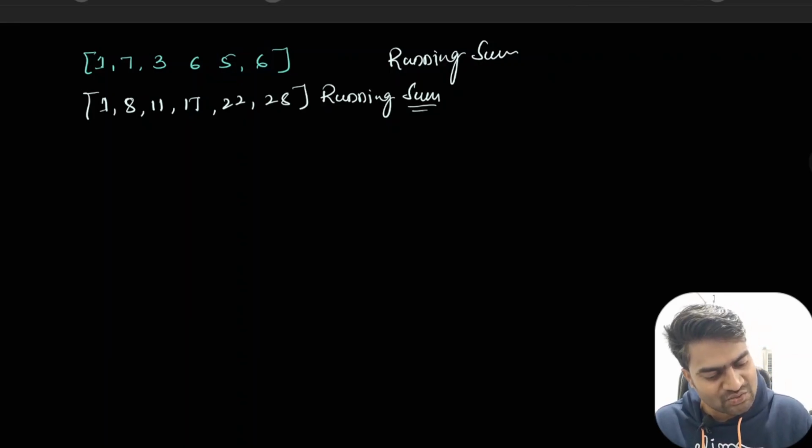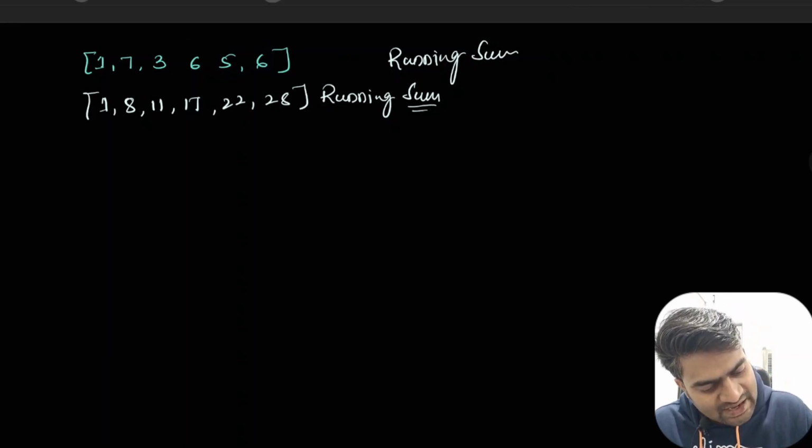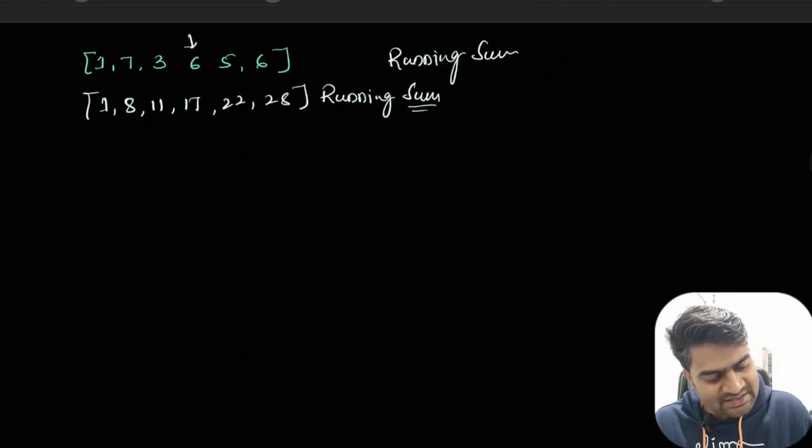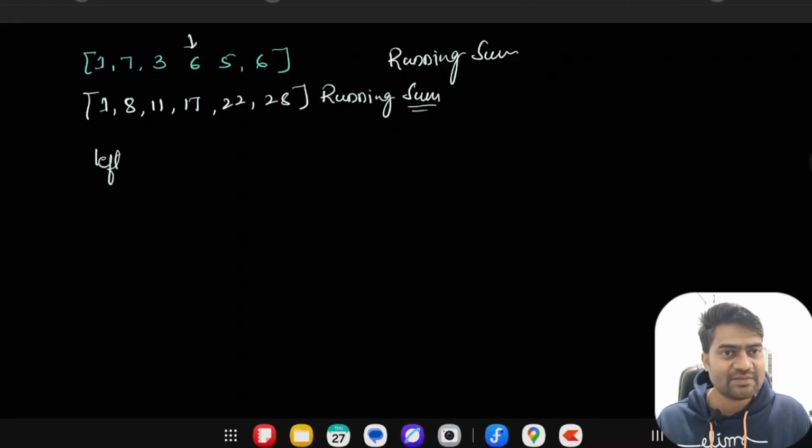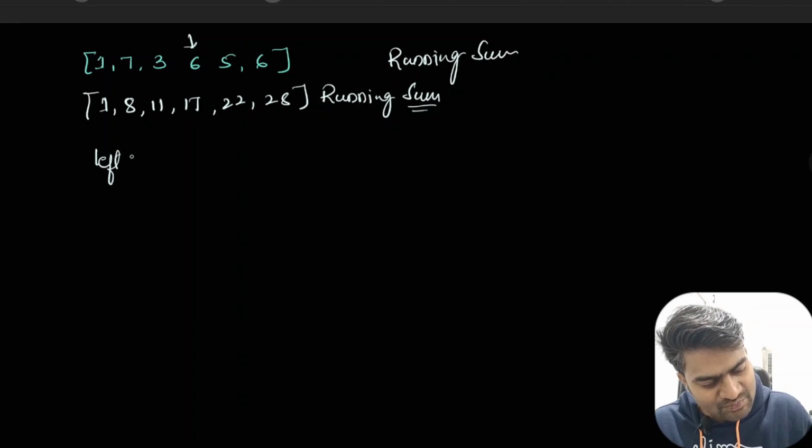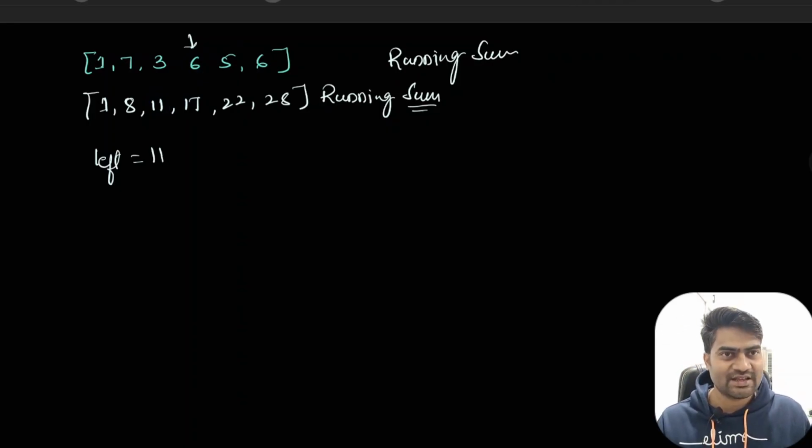So now if I stand at this number, its prefix sum will be my left. If I stand here, this is its prefix sum, so I will take left as 11, correct, right?